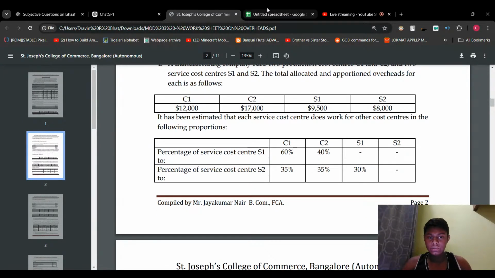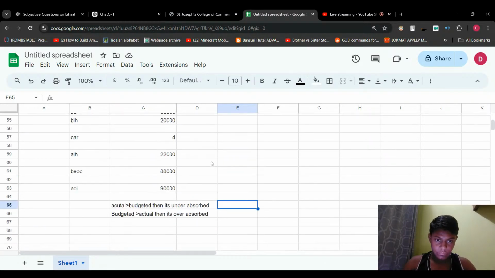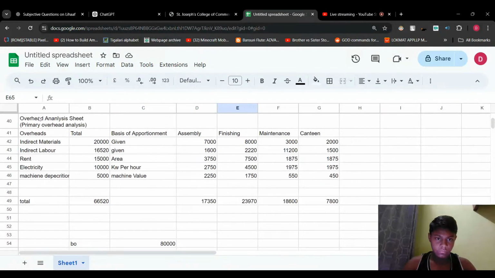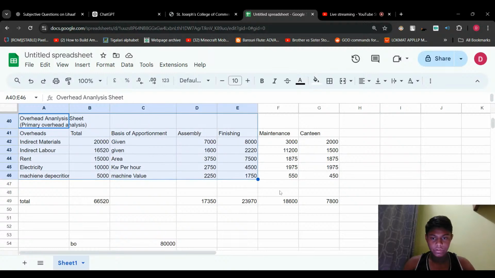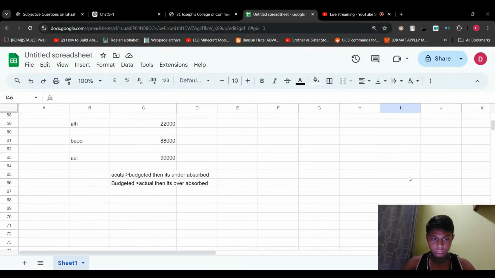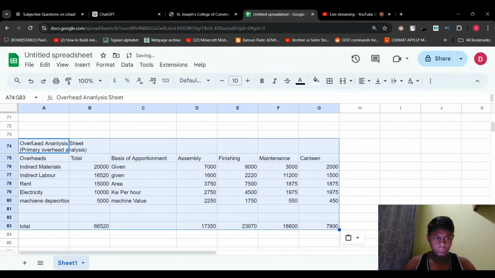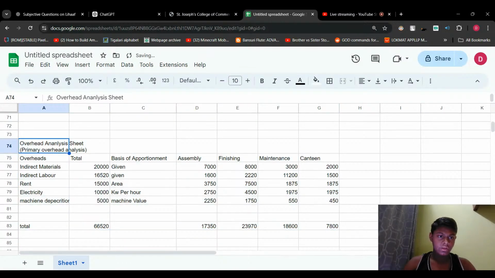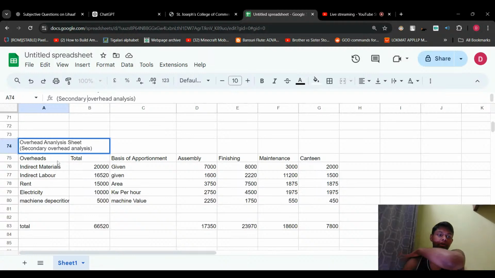Let us write it down over here. I'll copy this directly and paste it. This is the secondary overhead analysis.